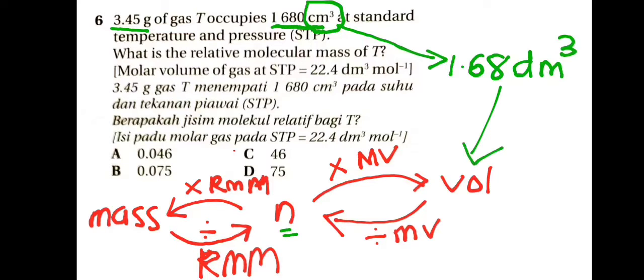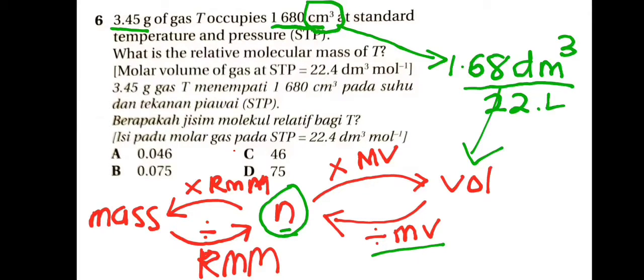From the volume, to find the number of mole, we just divide by the molar volume. So 1.68 divided by the MV, molar volume, 22.4. We get the number of mole, 0.075 mole.